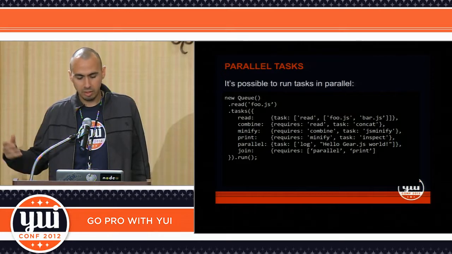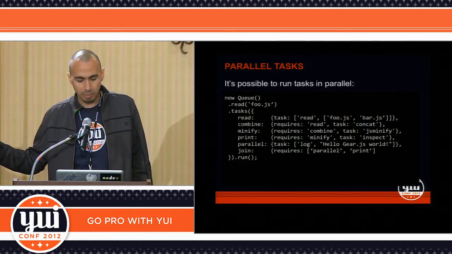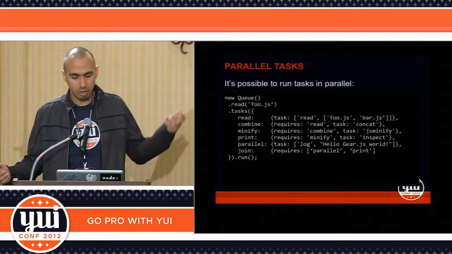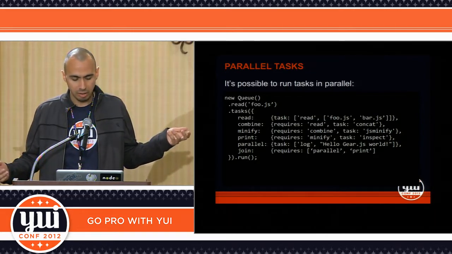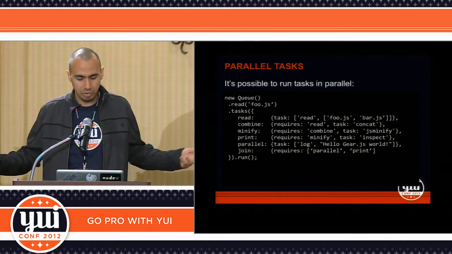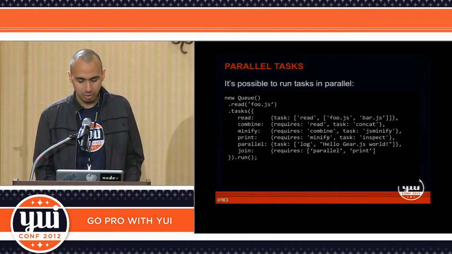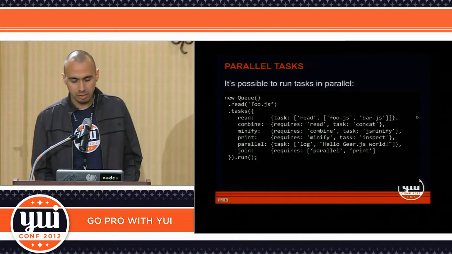We'll read, combine, minify, and we're going to print. And then in parallel, we're going to log, and then we join at this bottom node the parallel and print tasks. So you can do a lot here.